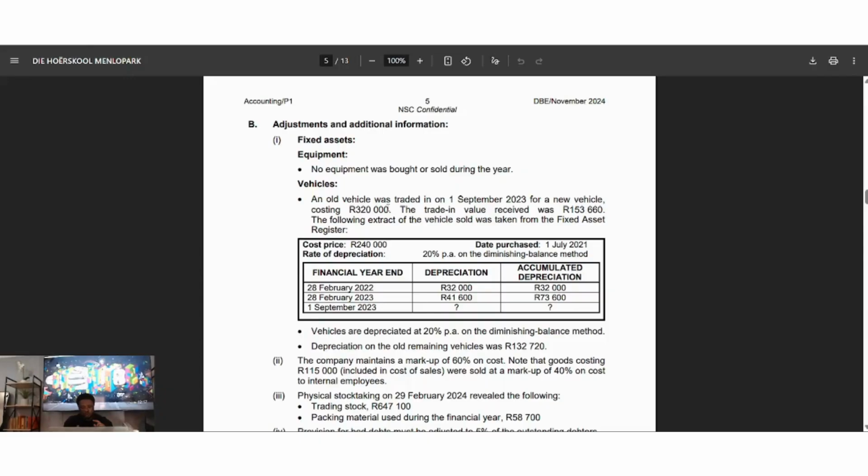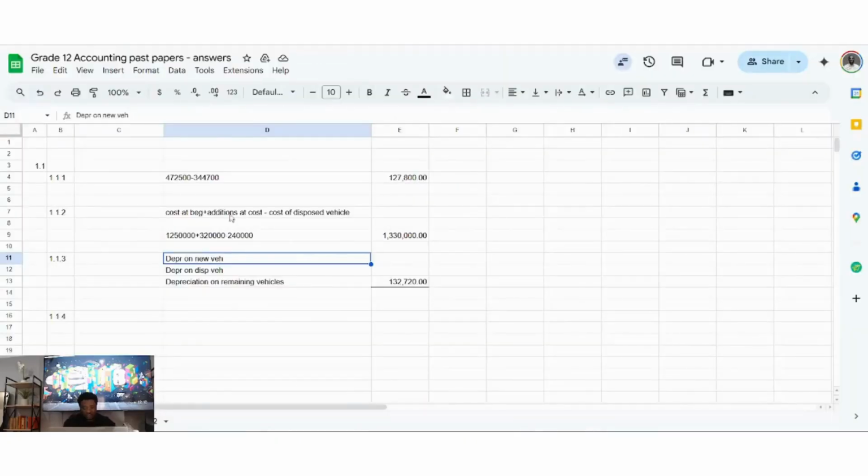So we count September, October, November, December, January, February. That works out to 6 months. So to calculate the depreciation on the new vehicles, we say 320,000, multiply by 20%, and then multiply by 6 over 12. So it was basically here for half of the year. And so that would give us 32,000.